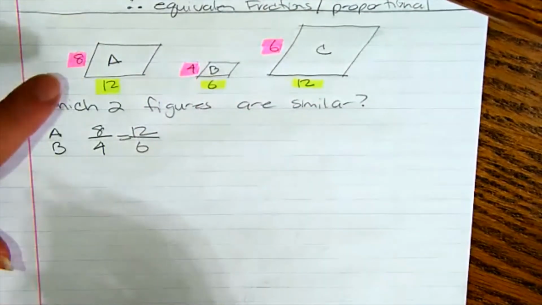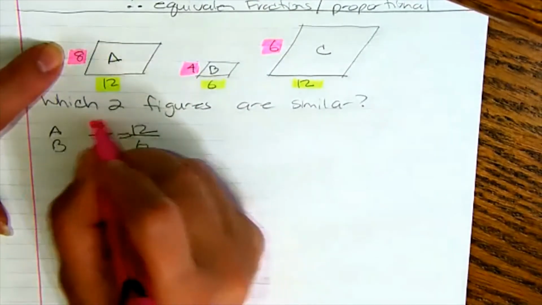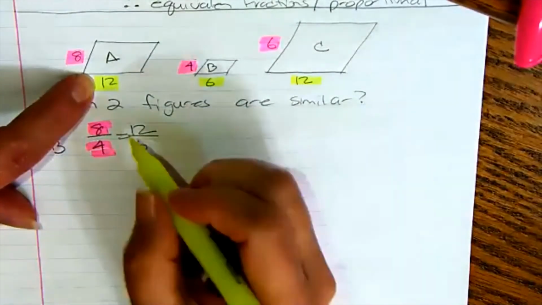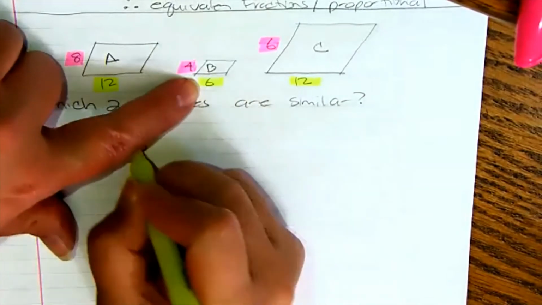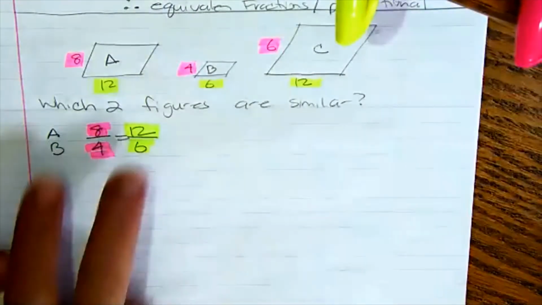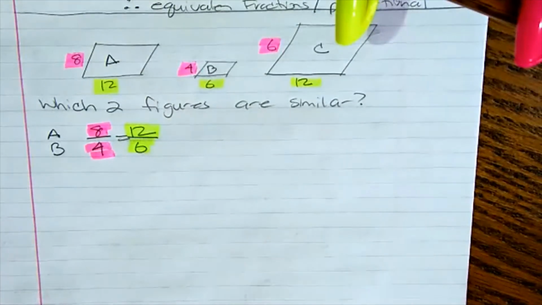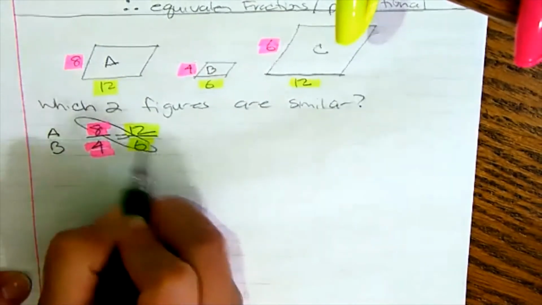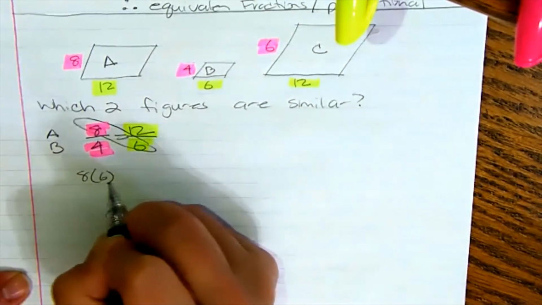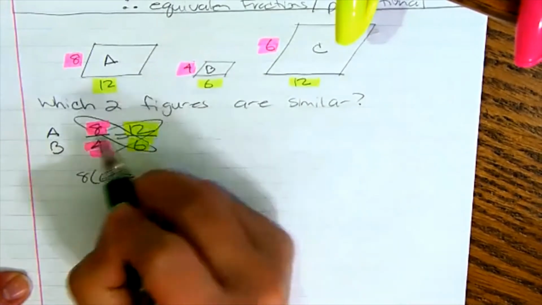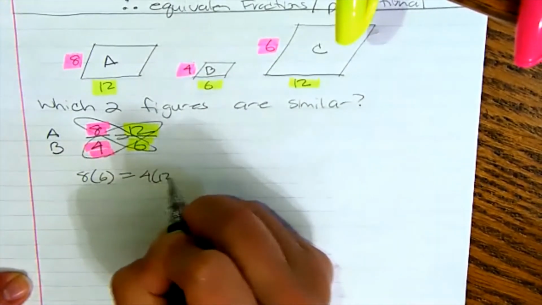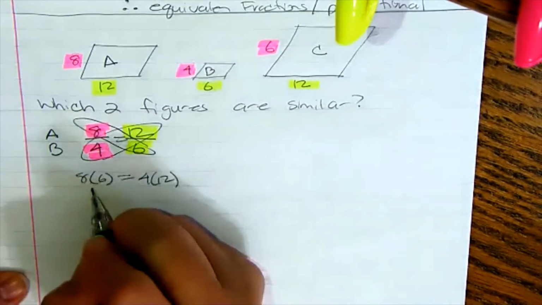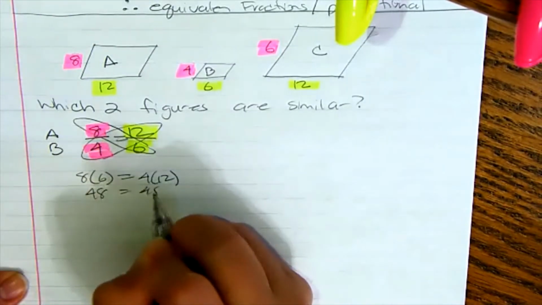So let's take a look at the corresponding sides. 8 corresponds to 4, and 12 corresponds to 6. Okay, so we've got corresponding sides. So now let's cross multiply. 8 times 6 should equal 4 times 12 if they are proportional. 48 equals 48.